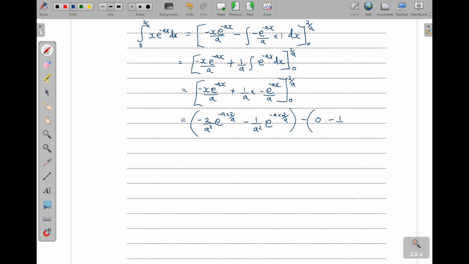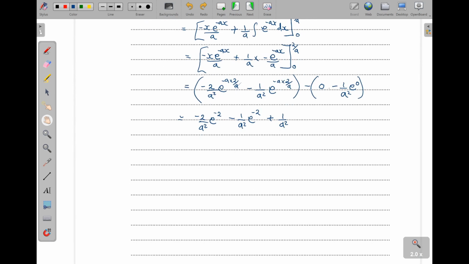So we shall have 1 over a squared, then e power 0, just like that. Now we can simplify. Here it will be negative 2 over a squared, then e to the power negative 2, the same to this one here, e power negative 2, and then minus, of course, this one, now when we open the brackets, it will be a plus, so plus 1 over a squared. E power 0 is 1, so we just have plus 1 over a squared.